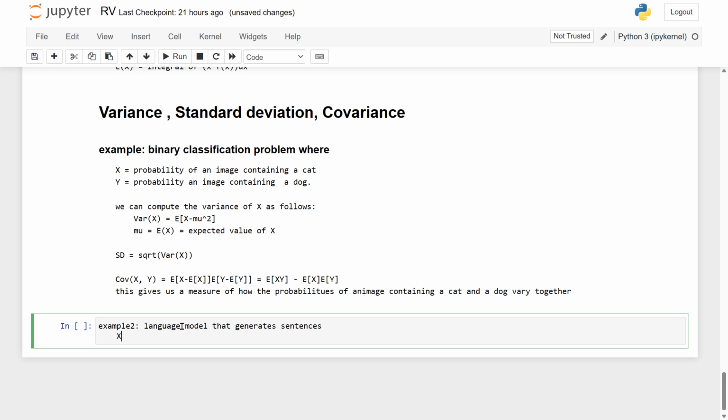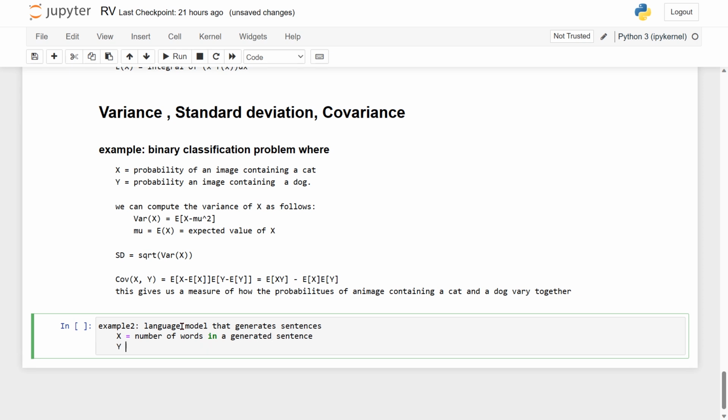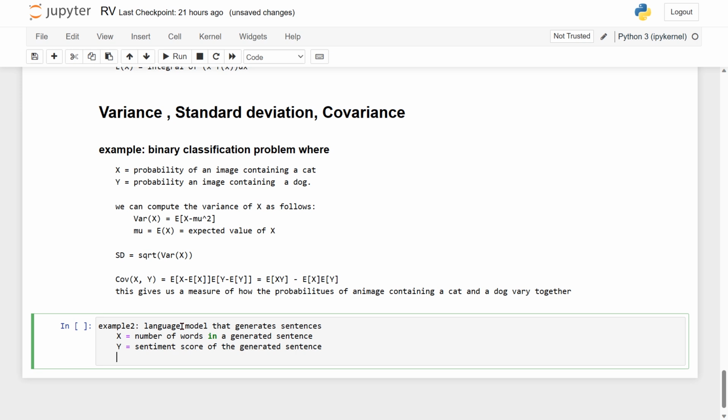So x is a random variable representing the number of words in a generated sentence, and y is a random variable representing the sentiment score of the generated sentence.